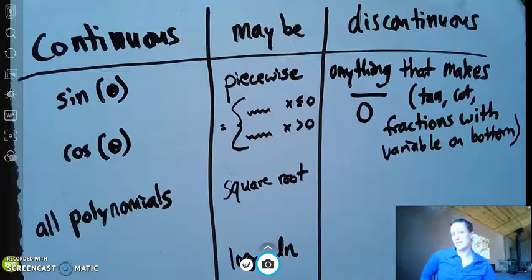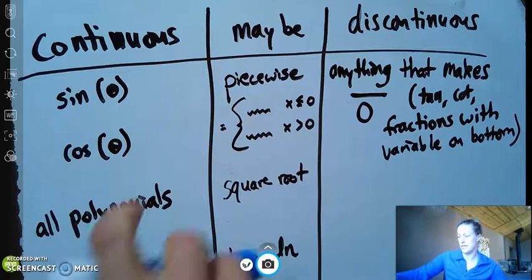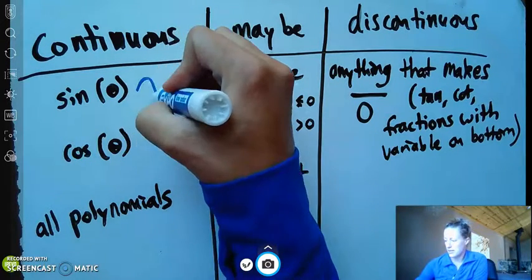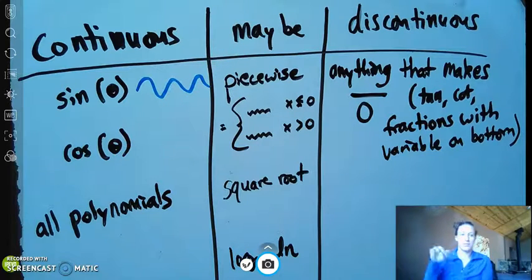Okay, last I just wanted to summarize what might be continuous as far as our algebra knowledge, or maybe continuous or discontinuous, and what's pretty much discontinuous. So let's start with continuous. Sine. You think of sine's graph. It just goes up and down and up and down, and it just keeps going forever. That's a roller coaster I want to ride. It's continuous.